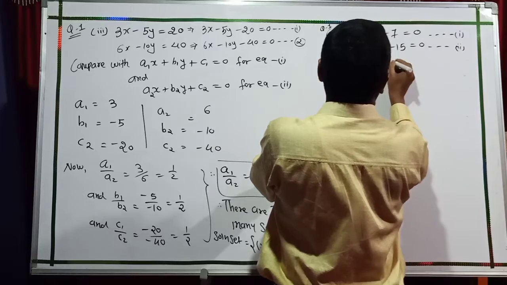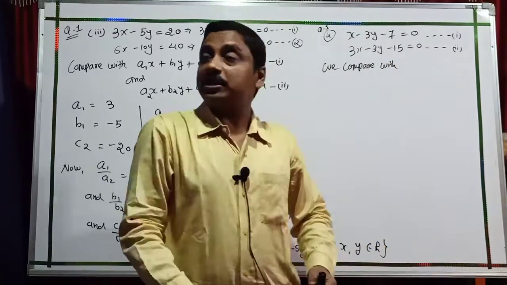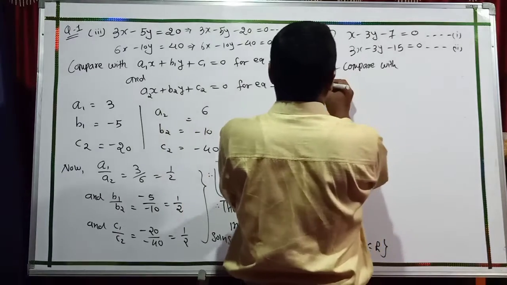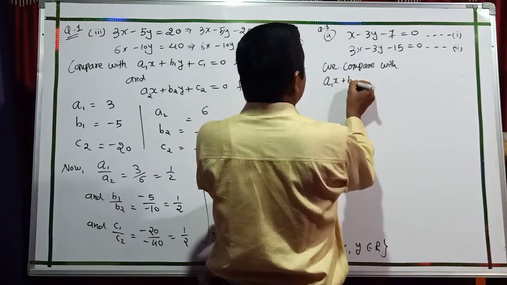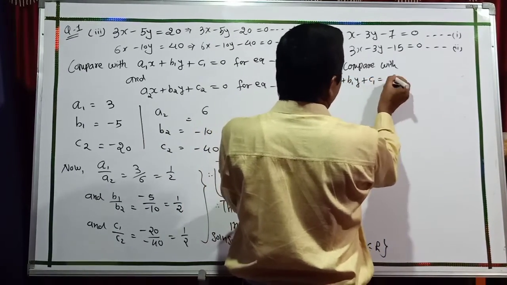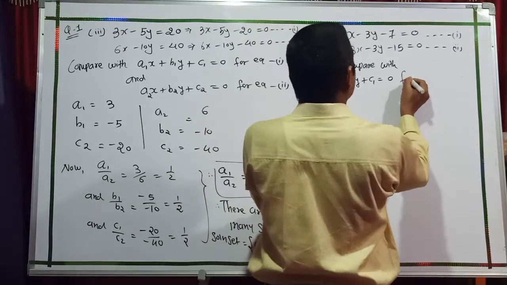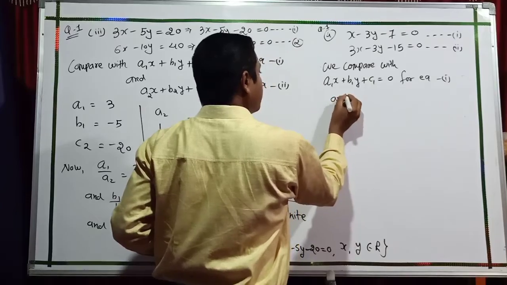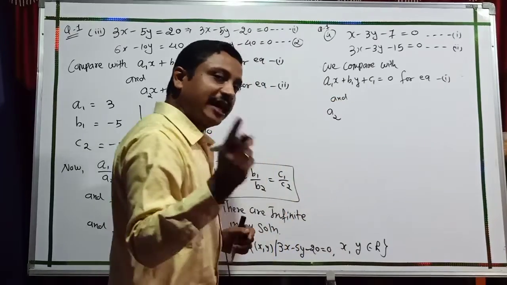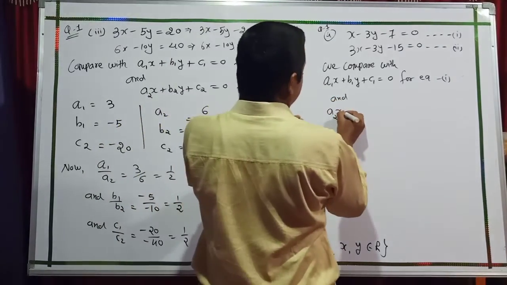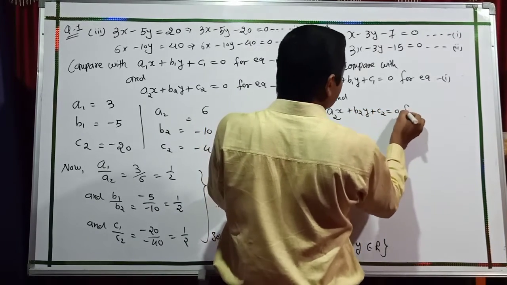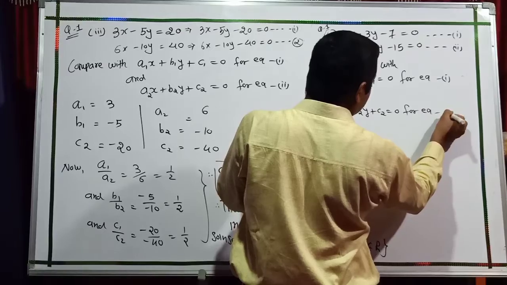Yes, with our values. Compare with a1x + b1y + c1 = 0 for equation number 1. And students, this equation you must write down: a2x + b2y + c2 = 0 for equation number 2.